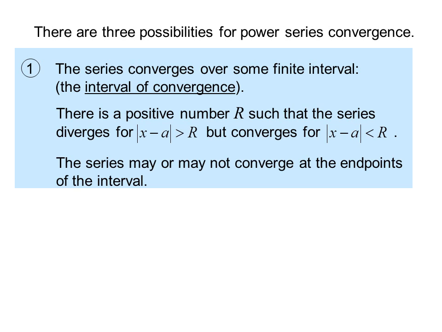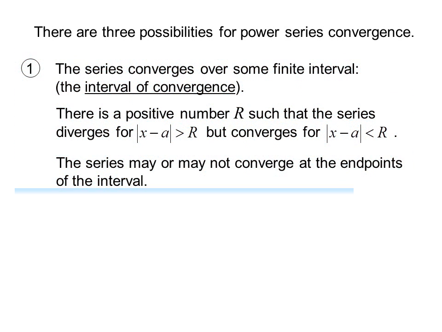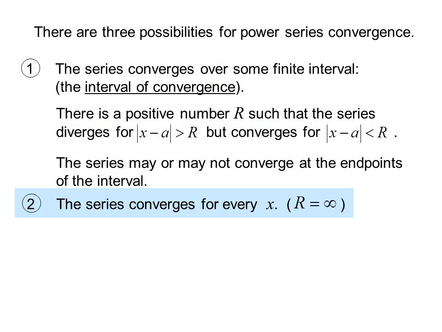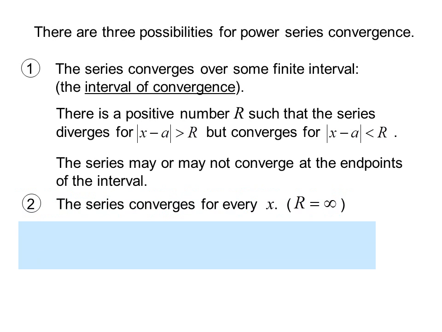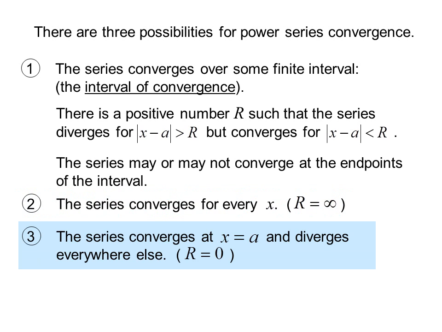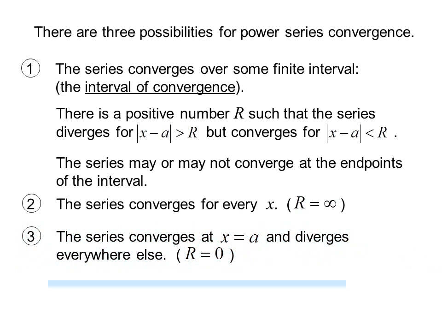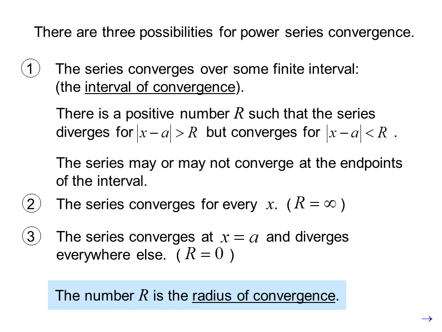The series may or may not converge at the endpoints of the interval. 2. The series converges for every x, that is, r equals infinity. Or 3, the series converges at x equals a and diverges everywhere else, r equals 0, as in the previous example. The number r is the radius of convergence.